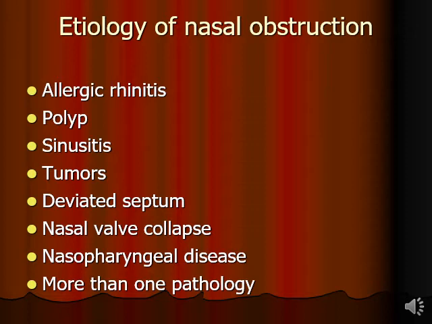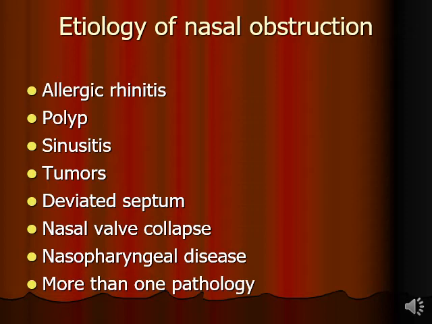Sinusitis, infection of the paranasal sinuses, will also lead to edema of the nasal mucosa, leading to a sensation of nasal obstruction. Of course, tumors of the nose and paranasal sinuses, as space-occupying lesions, obstruct the nasal airway as a mass, leading to nasal obstruction.